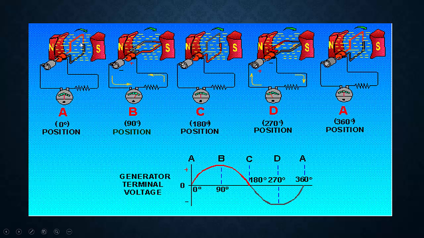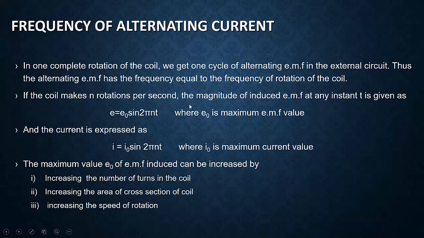Here also, the maximum amount of flux passes through, so the induced EMF in this case and this case becomes zero. Whereas here, the minimum amount of magnetic flux passes through, and so here the induced EMF is high. So I hope you have understood this one.